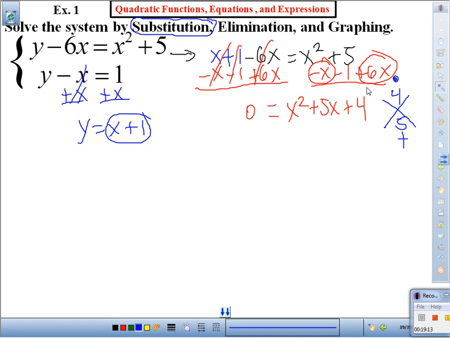All right, factors of 4 that add up to 5. 1 and 4. All right, finish it off without looking at your notes.